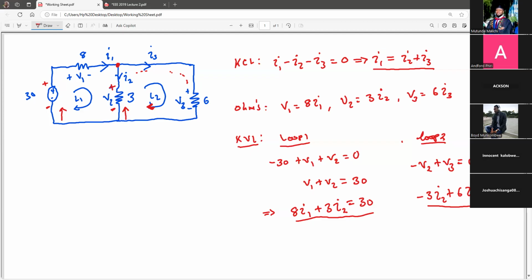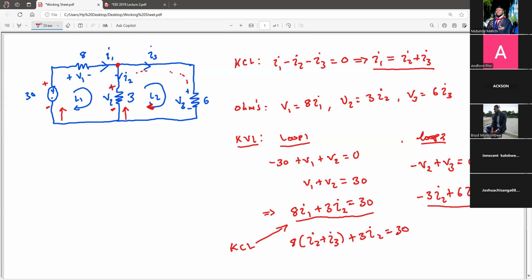So what you have to do now is substitute the KCL into the equations that we obtained from KVL of loop 1, so that we can have the same unknowns as the ones that we obtained from loop 2. So if we did that, then we'll have 8 bracket I2 plus I3, plus 3 I2 equal to 30.